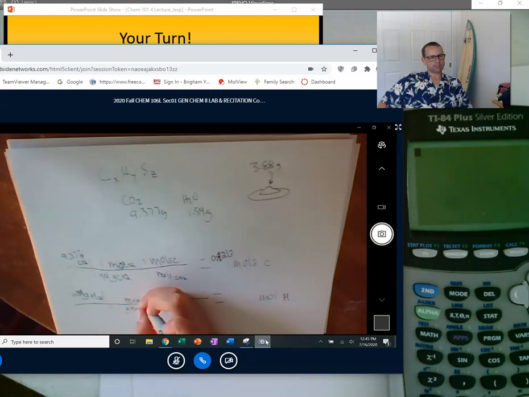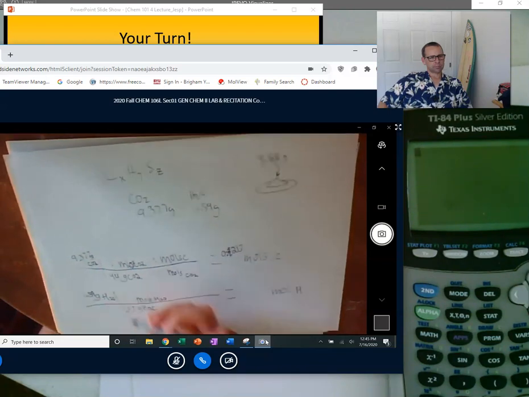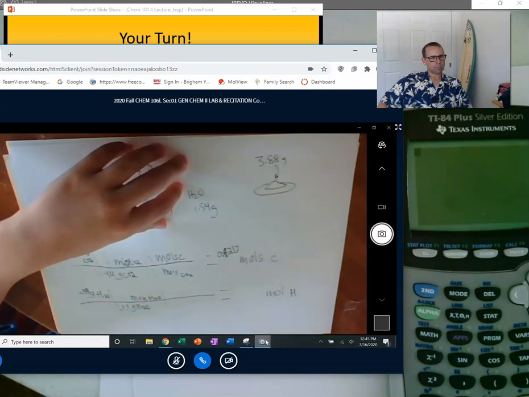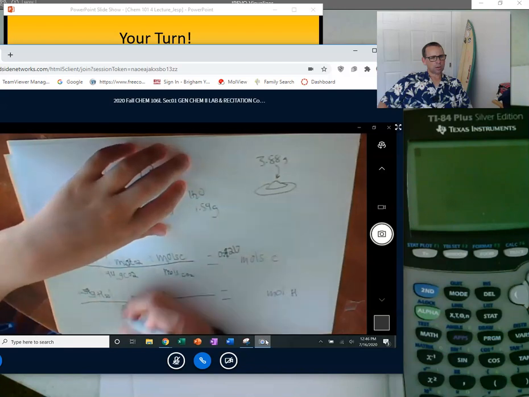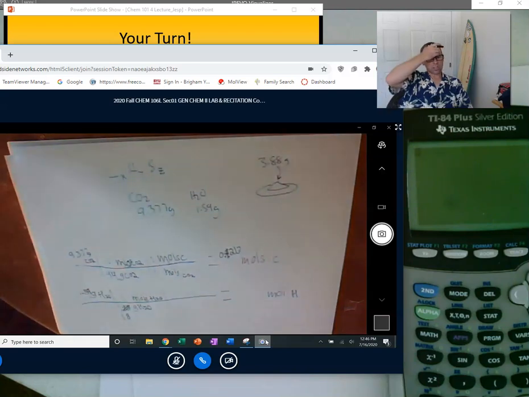Moles of water up there. Does that say 32? What does that say? Are you changing it? What did you change it to? 18. Very good. 1 oxygen, that's 16, and 2 hydrogens, 1 and 1, so that's 18.